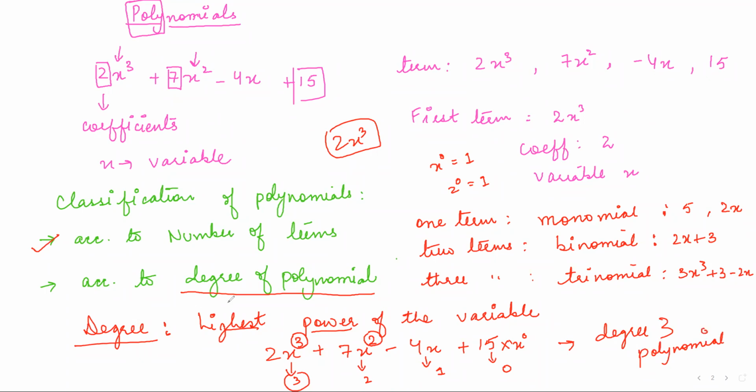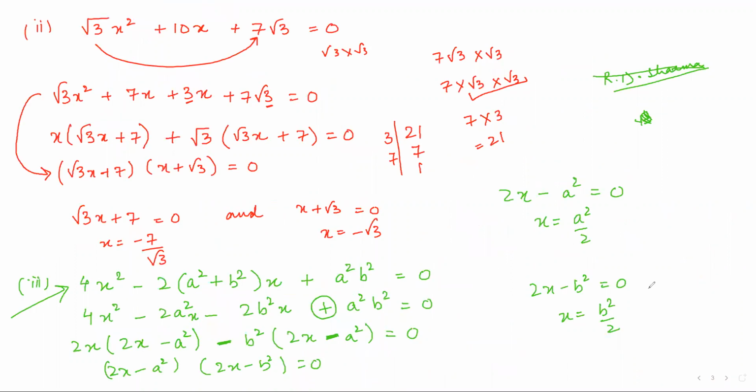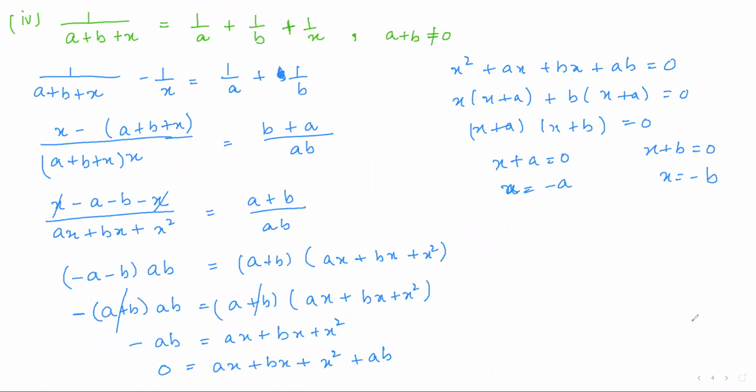So this is the meaning of degree. Degree is the highest power of the variable in the polynomial. Let me give you one more example. For example, I have 2x square minus 6x^5 plus 3x cube minus 1 plus 14x^4.